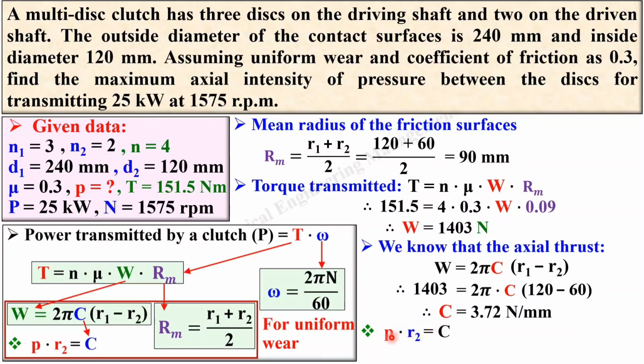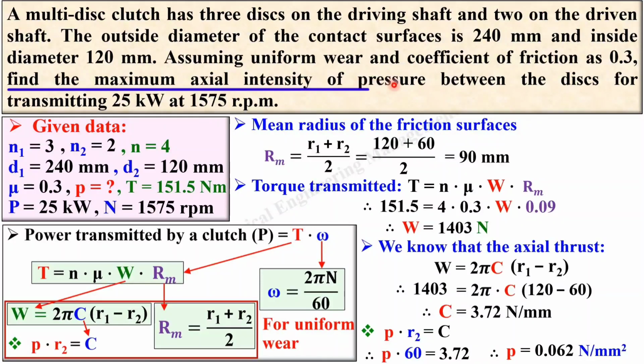Now put the values in this equation. So p is our objective, r2, that is d2 by 2, is equal to C, that means 3.72. Simplify it so that you will get p. This is the intensity of the pressure, so the unit is Newton per mm square. And this is our answer, the maximum axial intensity of the pressure. So make a box.